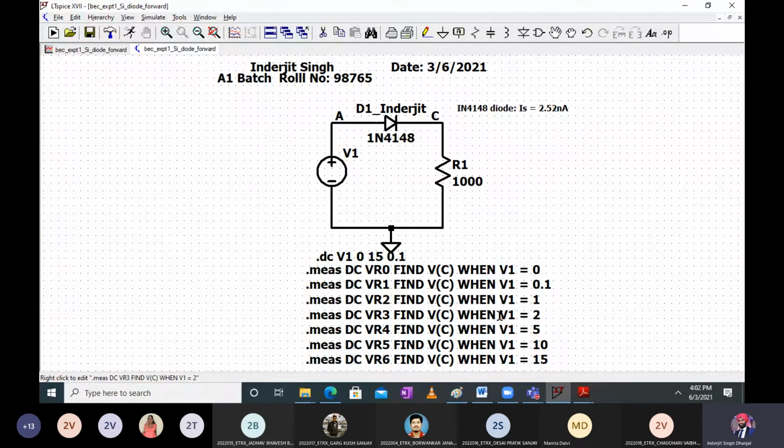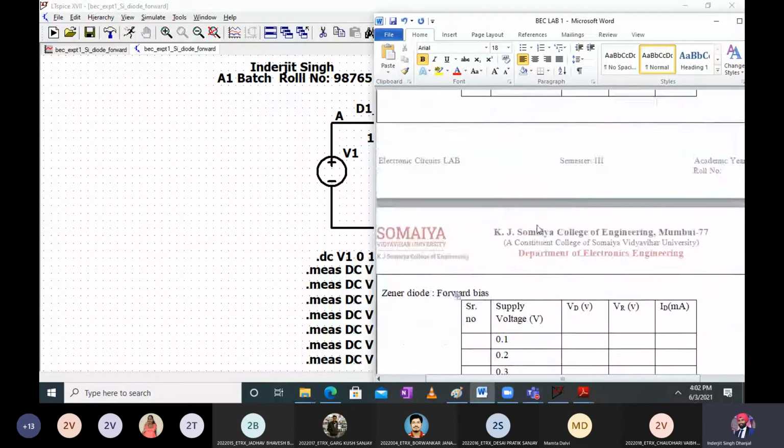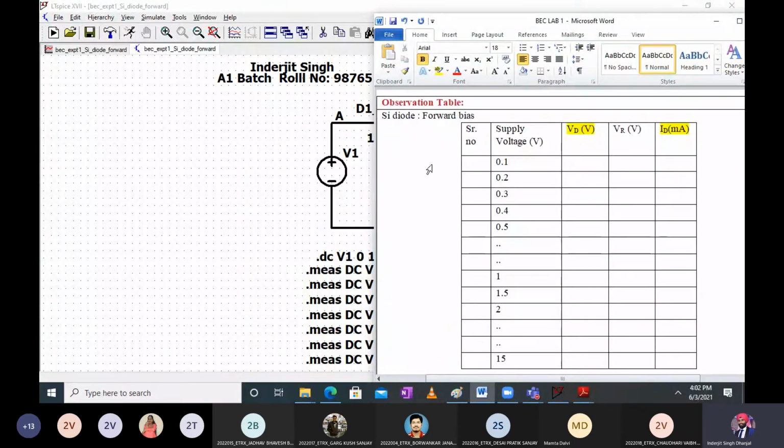All of you have done that? No, sir. Okay, I'll wait for some time. So it will look like this. What are we doing? We are calculating the value of the voltage across the resistor corresponding to the value of the supply voltage.